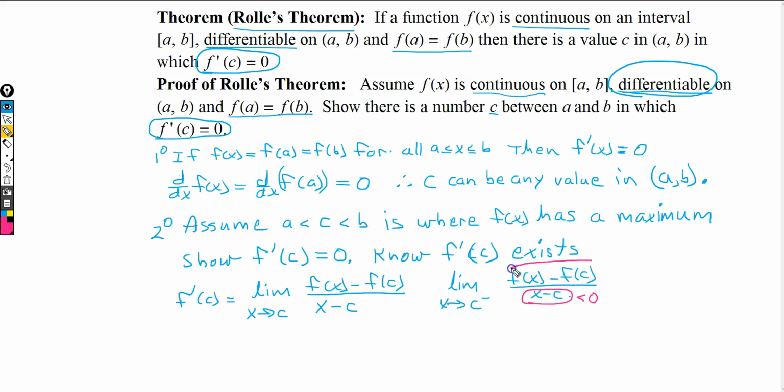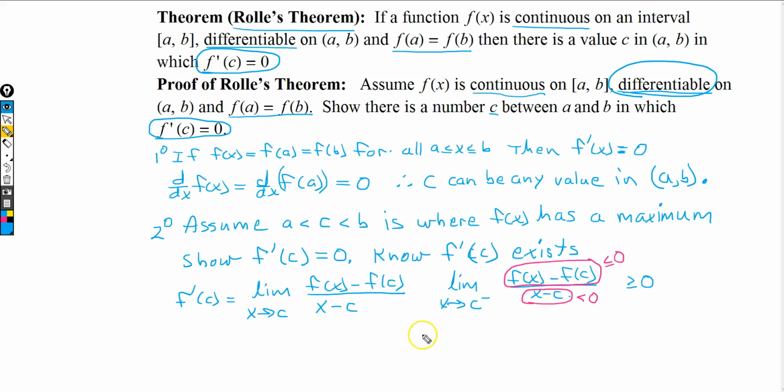The numerator, because f of c is a maximum for the function, you're going to be evaluating a smaller number minus a larger number, so this will be less than or equal to 0 in the numerator. So what we have then is that this limit must be greater than or equal to 0, because you have a negative number divided by a negative number, that's going to be a positive number. Well, it might equal 0 as well if the numerator is equal to 0. Okay, so we have that result.